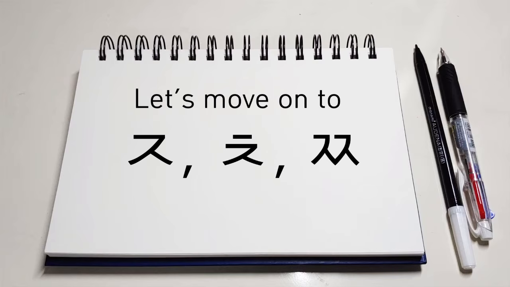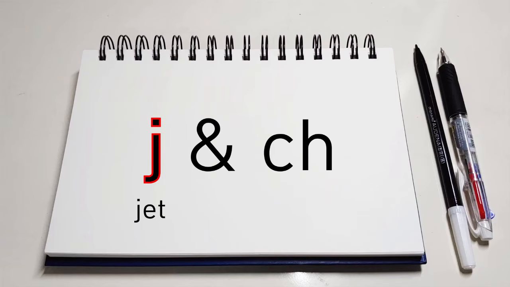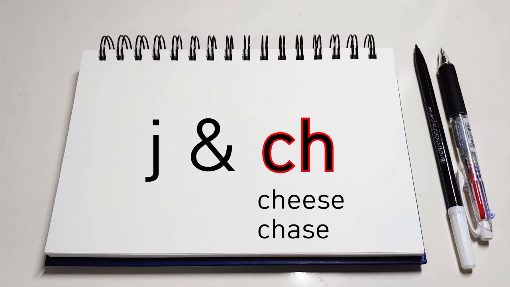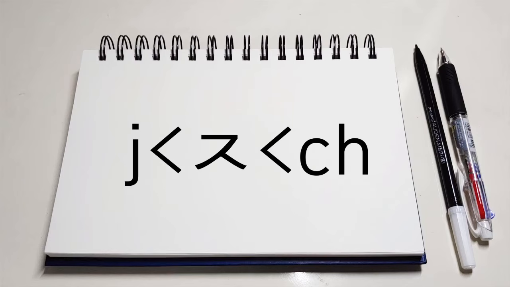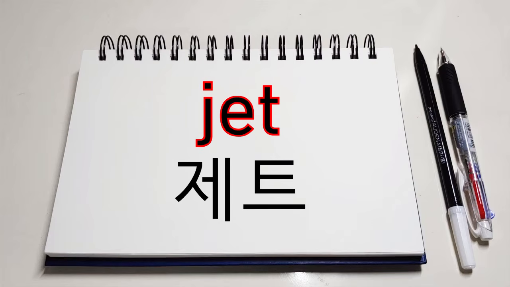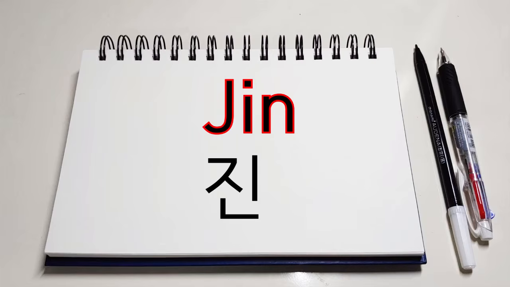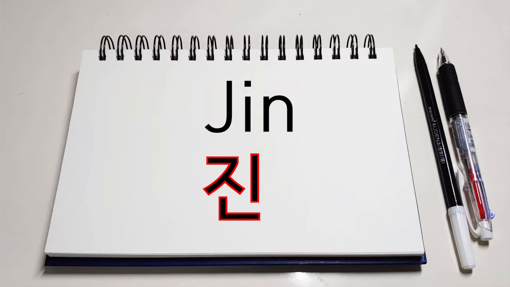In English, there is the J sound as in jet. The J sound is not aspirated, but there is the ch sound in English, like cheese, chase, and the ch sound, unlike the J sound, is aspirated. Korean ㅈ is somewhere in the middle. So jet, jin, chin.